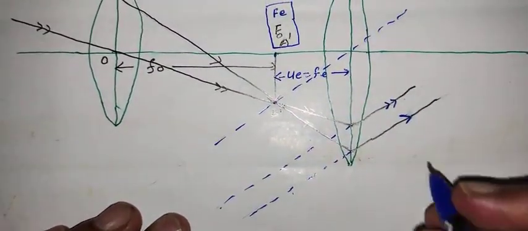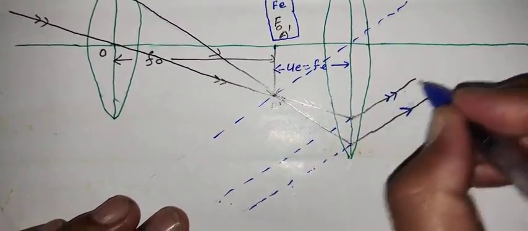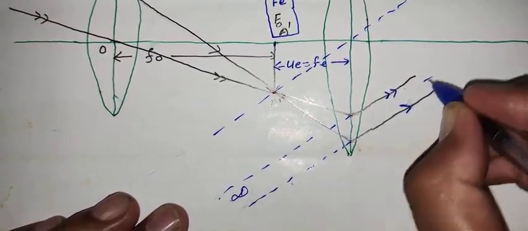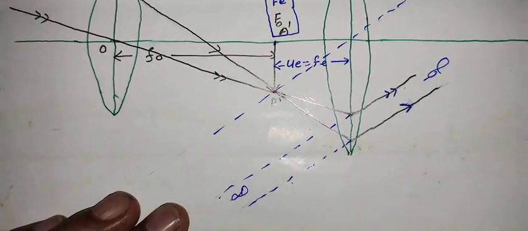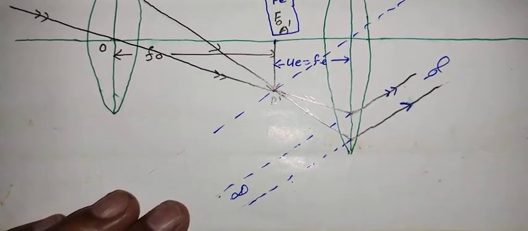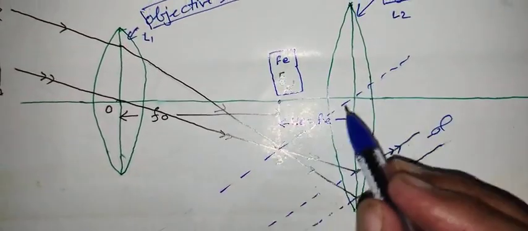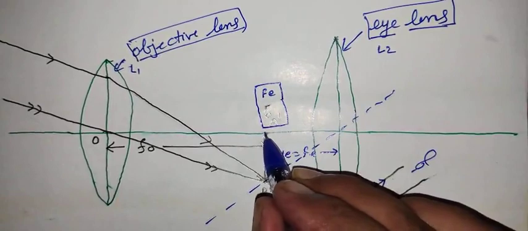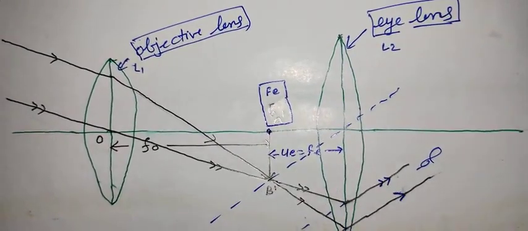So this image will be formed at infinity. They will not meet anywhere, so the final image is at infinity. It is possible only when FO, Fe and A' coincide at a common point.